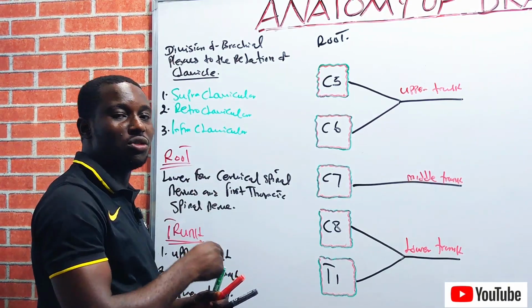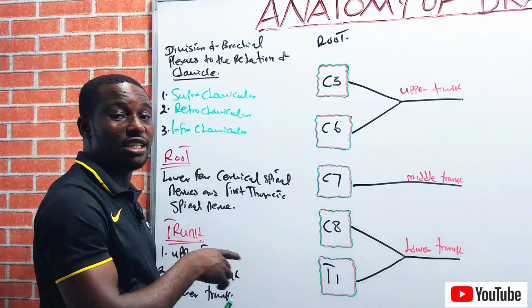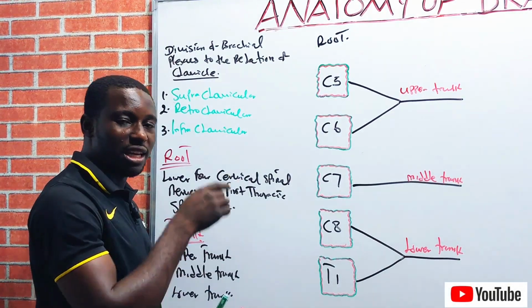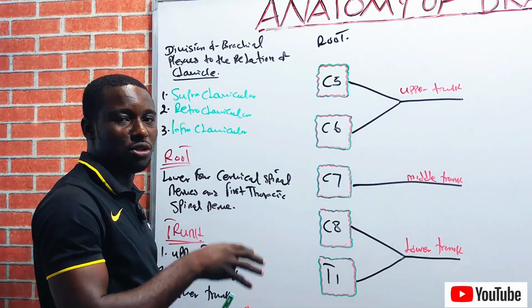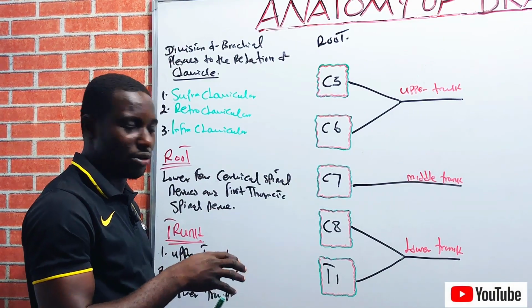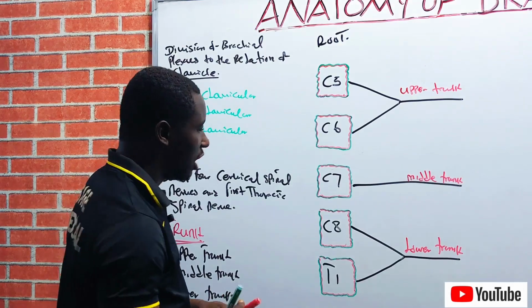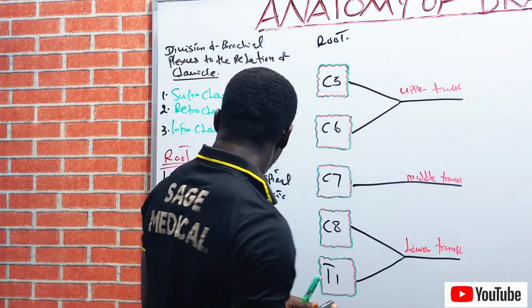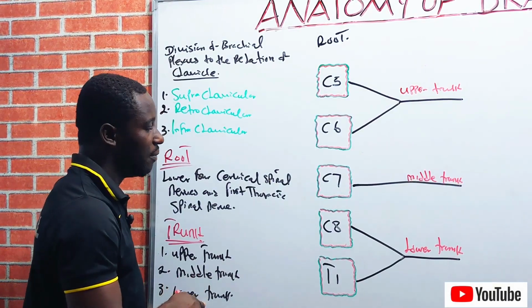It lies deep to the scalenus anterior muscle, while the trunk is located in a cleft between the scalenus anterior in front and the scalenus medius behind. That is how they are located in the neck region. Okay, that is all about the trunk of the brachial plexus. We have the upper trunk, the middle trunk, and the lower trunk.